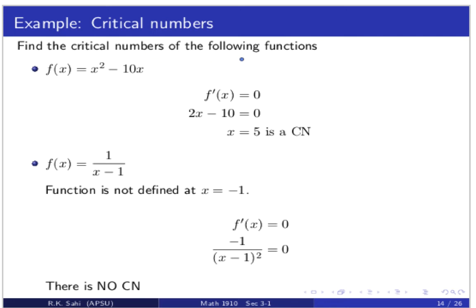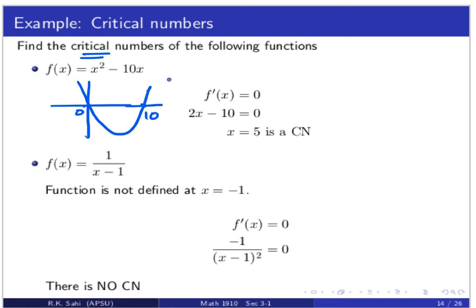Now let's find the critical number of the following function, x squared minus 10x. Remember this is a nice little polynomial, a quadratic function, and if you draw the graph, this is how the graph looks. This is the point 0, this is the point 10.